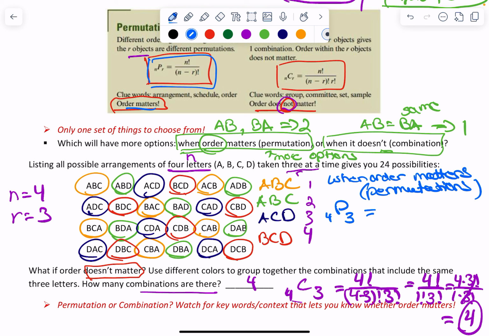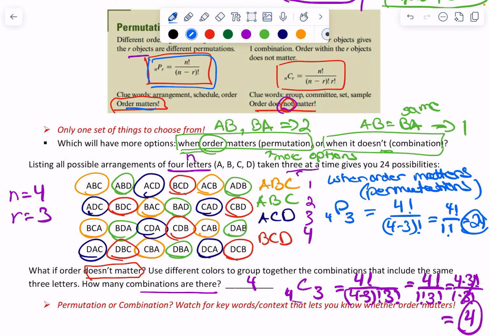So 4 factorial divided by 4 minus 3 factorial. So 4 factorial divided by 1 factorial gives us 24, which is a lot more than what we got when order doesn't matter.